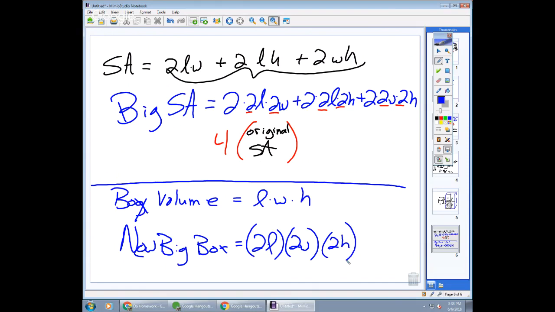And multiplication, you can multiply in any order you want. Okay? So we have the commutative and associative properties working together. So I can rewrite that as 2 times 2 times 2 times the length times the width times the height. And so there's that 8 that we were envisioning geometrically.